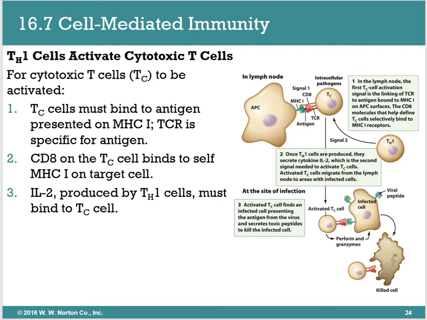It's not just binding to anything. I hope y'all have finally got the clue that everything is specific. So a cytotoxic T cell will bind to an antigen presented on an MHC1. From that, the CD8 that is located on the cytotoxic T cell will come over and bind also to the MHC1 on the other cell, okay?